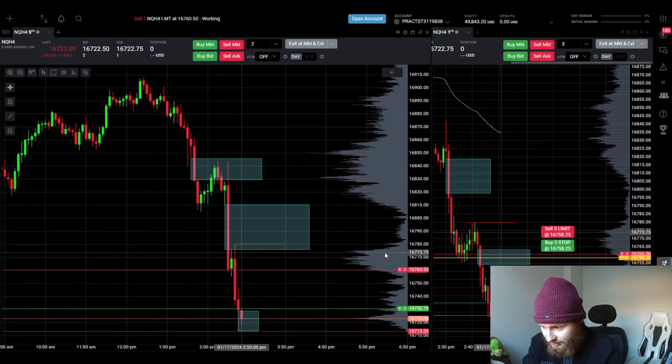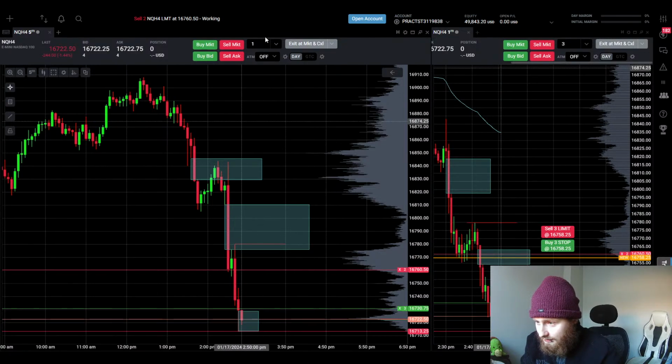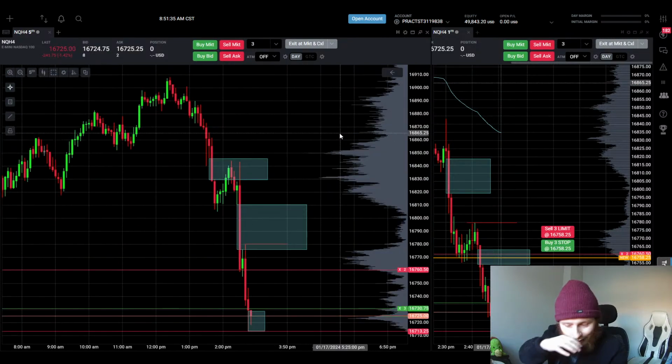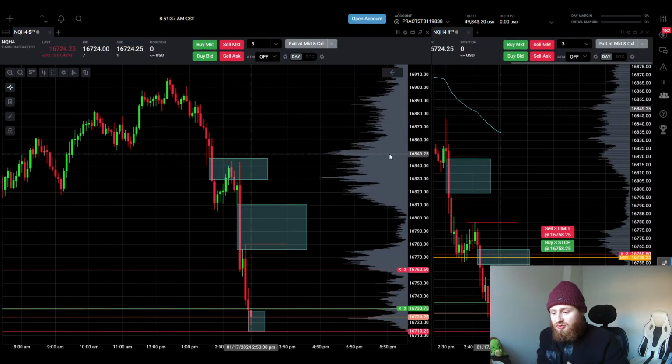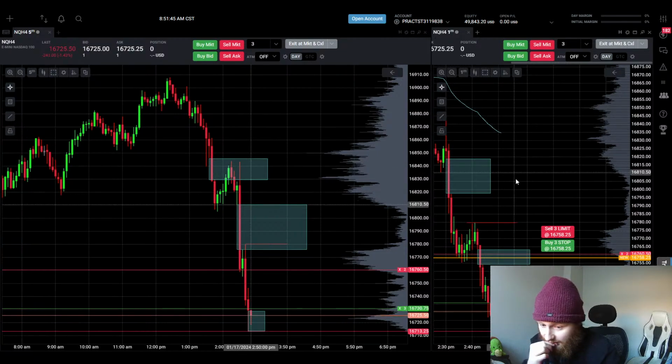It's a sell order, and then we'll need a sell 1 order. To be fair, the sell 1 order can wait. It's just going to be a runner. I'll put that in if the trade goes in my direction, because then I'll be able to put my stop to break even, and then that's where the 1 will be.